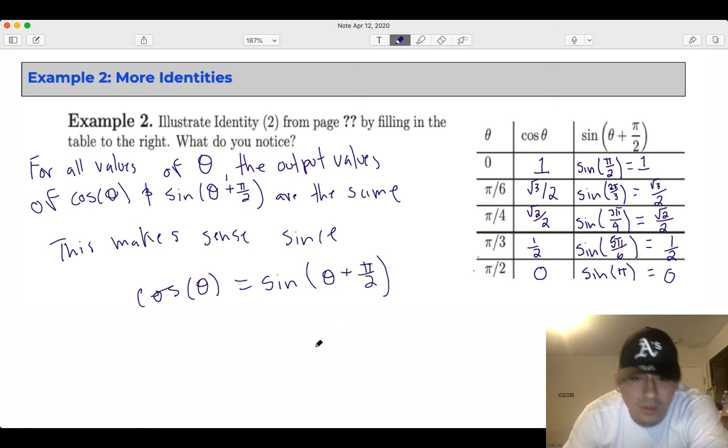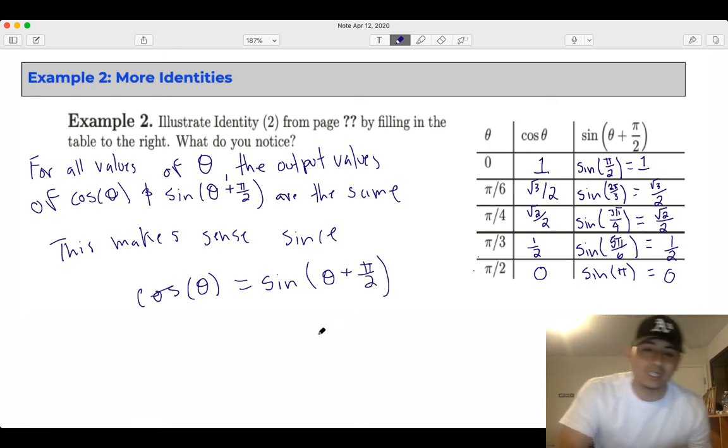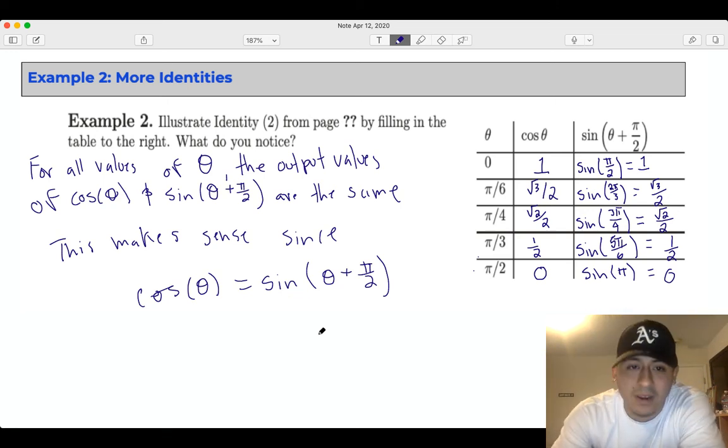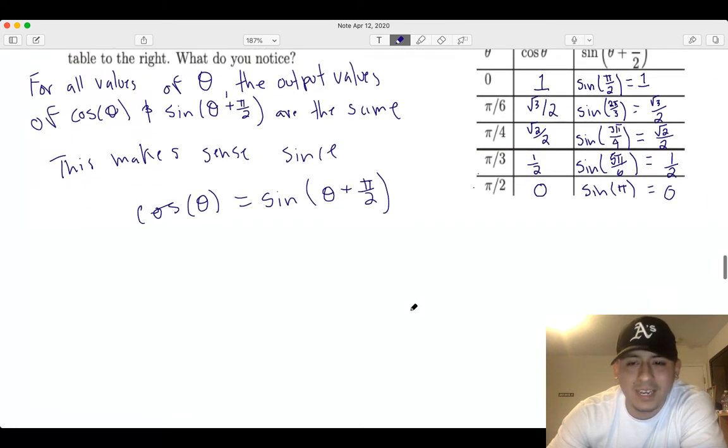In example 1, we saw that these are identical functions, and so this should not have been a surprise to us. We have verified, we have illustrated identity number 2, the fact that cosine of theta is equal to sine of theta plus pi over 2. All right, let's keep going.